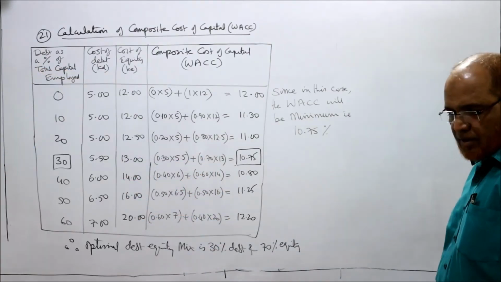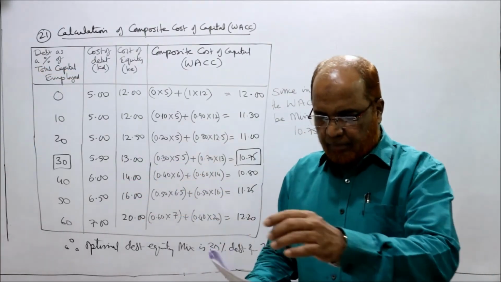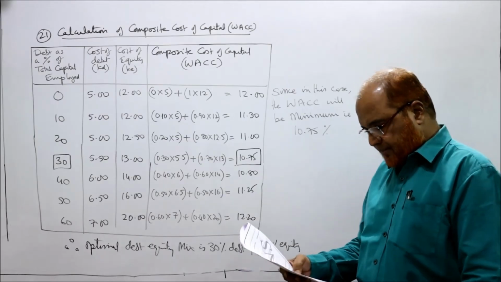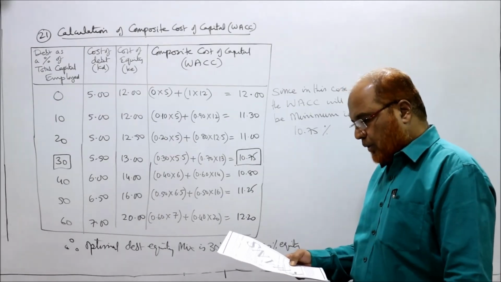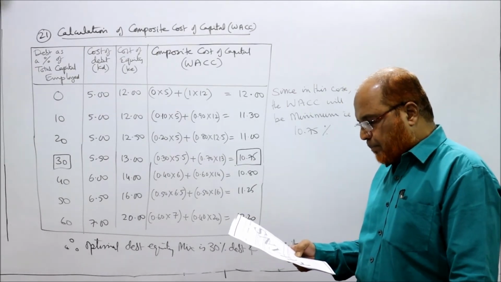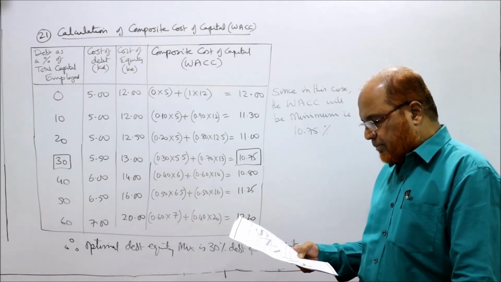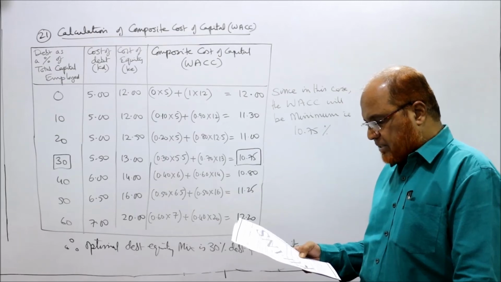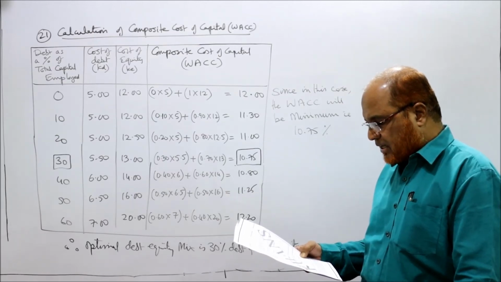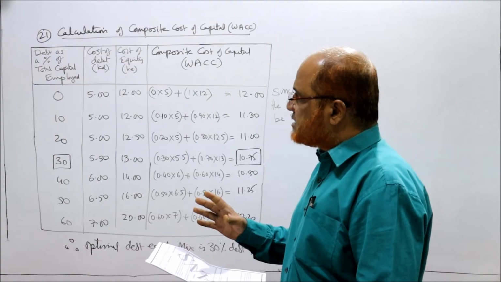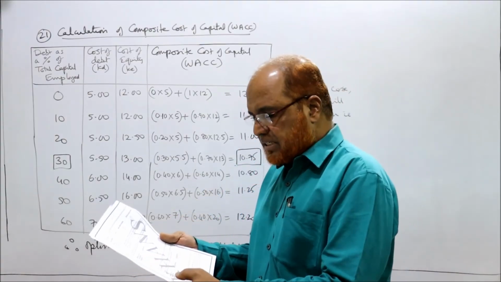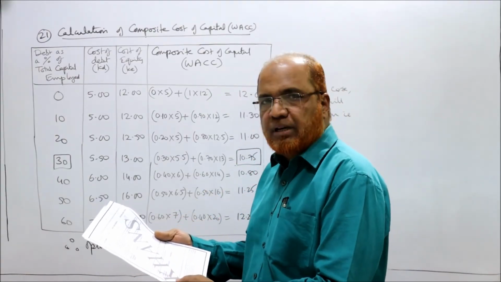That's it. Now, the next problem is 22nd. 22nd problem is similar to 21st one. ABC Limited is planning for the most desirable capital structure. The cost of debt after tax and equity capital at various levels of debt equity mix are estimated below. So exactly similar. 21st problem में भी जैसा debt as a percentage of total capital employed दिया था.